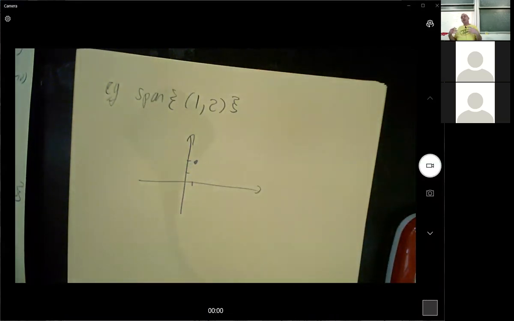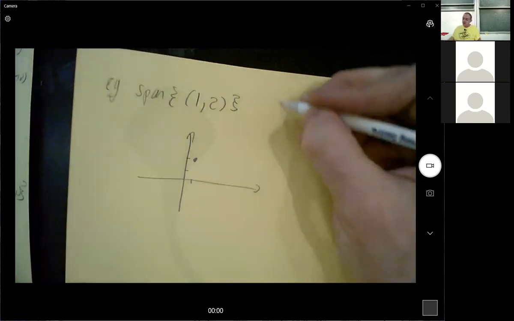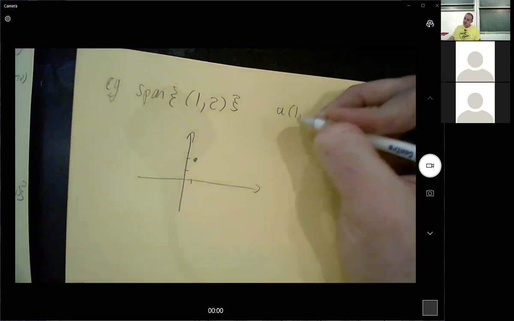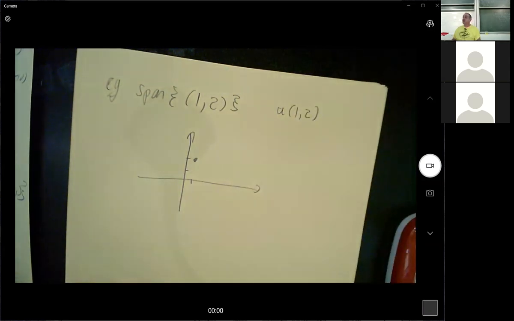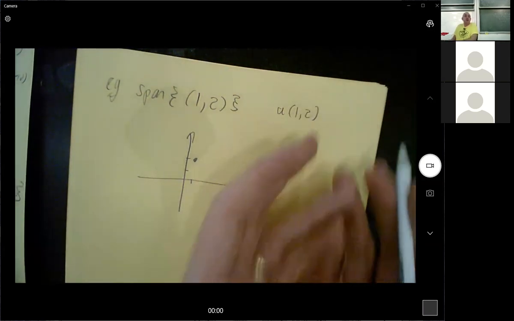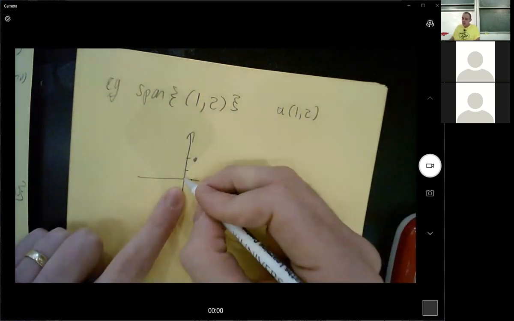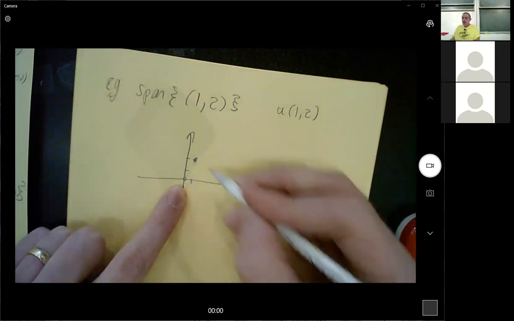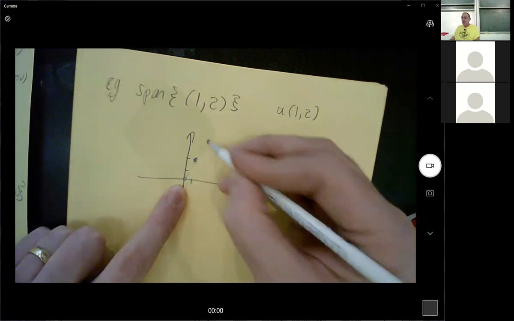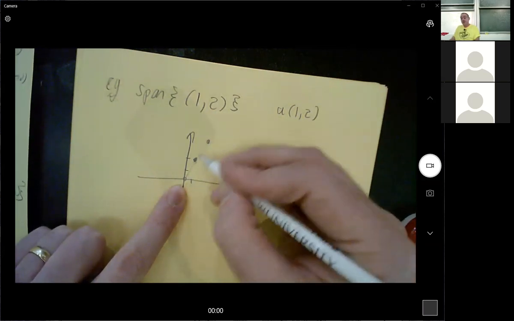And I would like to imagine the span of 1, 2, which means I need to think of all the combinations that are something times 1, 2. Because there's no second vector to add to it, it's just all the multiples. So 0 times 1, 2 would be there. If I think of it as an arrow, 2 times 1, 2 would be twice as far, which would be there.